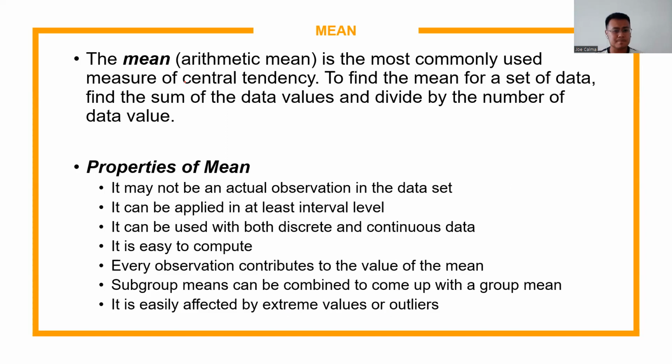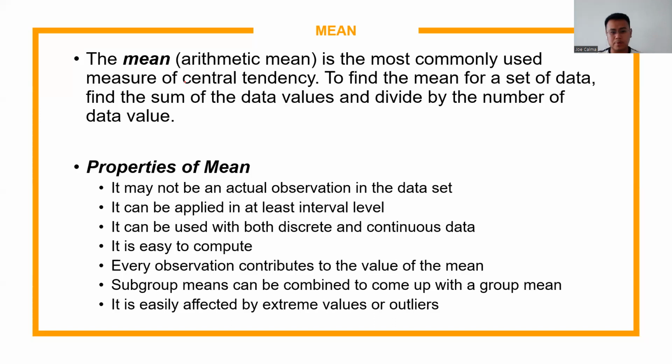Palagi yung narinig si mean, pero hindi nyo palagi narinig si median, same with mode. Now, alam niyo naman siguro para sa si mean, you just add all the data and divide by the number of data. Ganun lang siya kasimple.